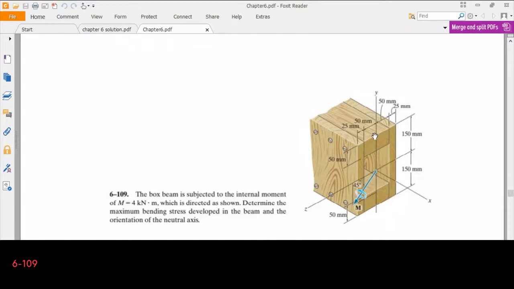So until now we have seen how to handle problems which have bending moment only around one axis, and commonly that is the z axis. So this is what we have seen. Now we will analyze and solve this problem. So let's have a look.